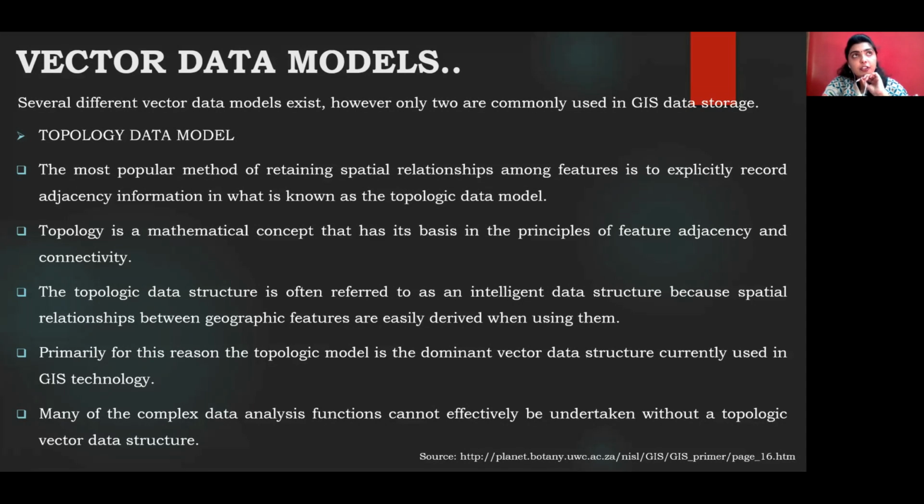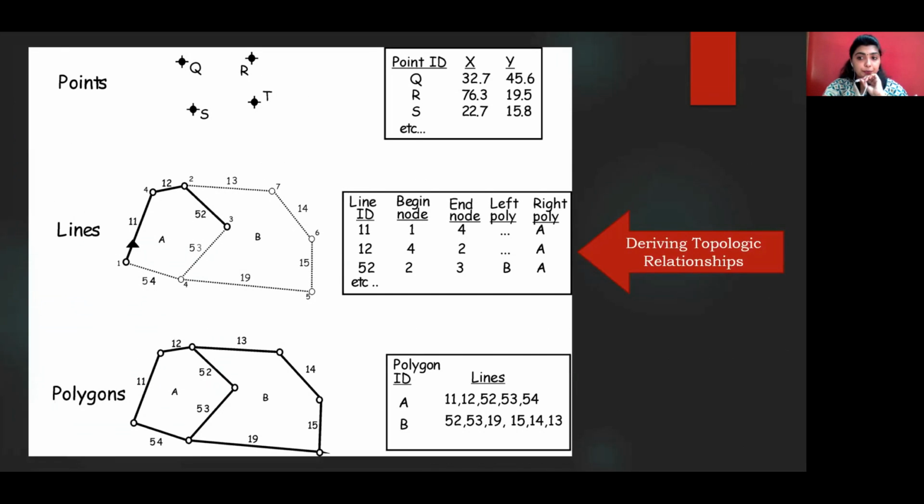Primarily for this reason, the relationships between the geographic features can be easily derived. The topology data model becomes the dominant vector data structure which is currently being used in GIS technology. It's only because it derives the spatial relationship between geographic features that it becomes very important.